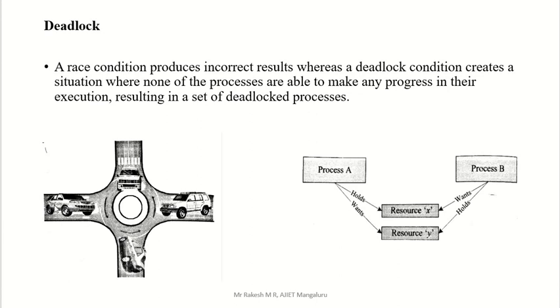This vehicle is coming here and wants to go this side. Just observe the movement of the cursor. This vehicle wants to move this side, and this vehicle wants to move this side. So this is a deadlock.